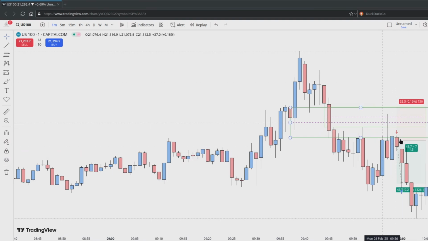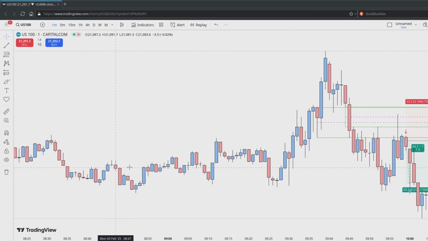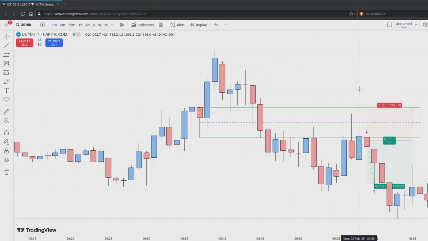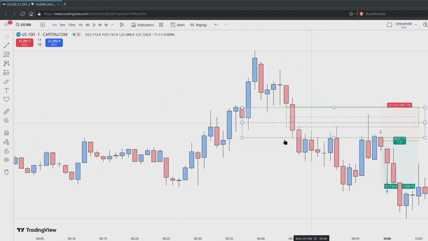Okay, this is moving in the opposing direction to that. And secondly, really messy price action. Really messy price action here. So that's why I would class this as a class B setup.